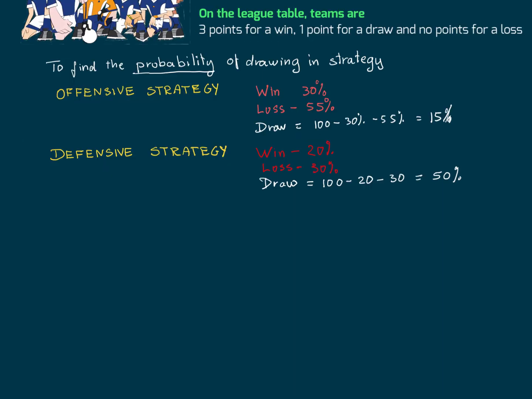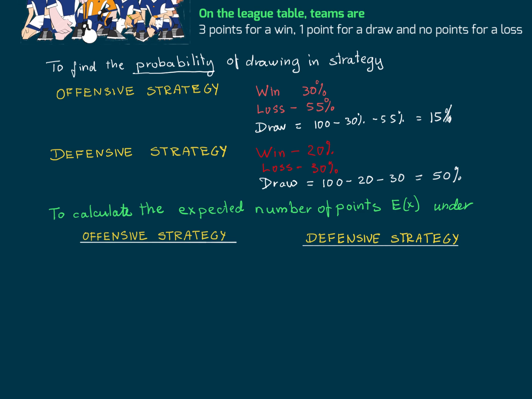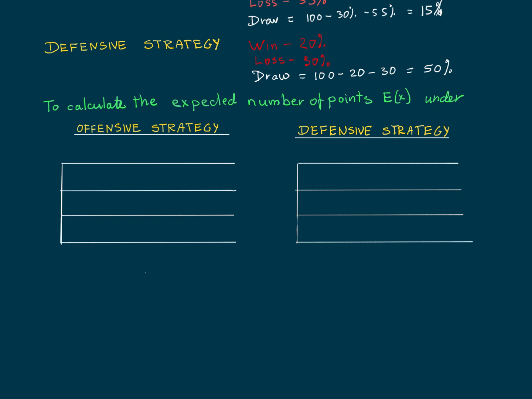So now we can calculate the expected number of points per game under each strategy. So we need to draw a table under each strategy. And so we need to have, first of all, the result, which will be either a win or a draw or a loss. We will also need the number of points, and we also need the probability.